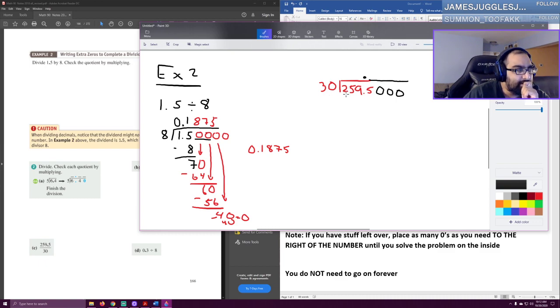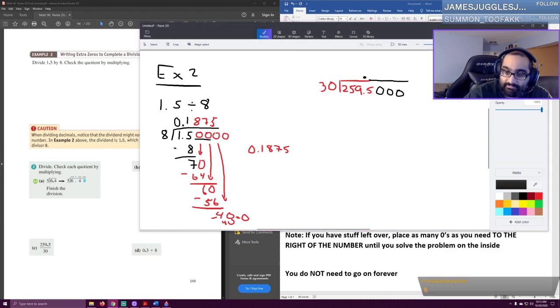Now 30 does not go into 2. 30 definitely doesn't go into 25. But 30 does go into 259. How many times does 30 go into 259? All right, 8.